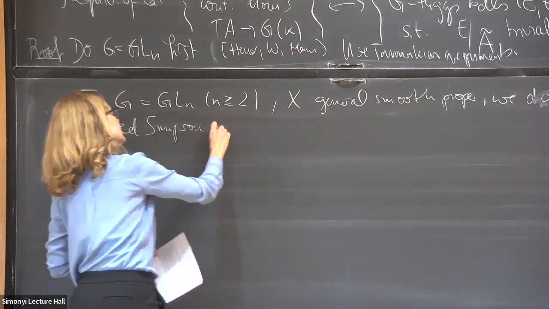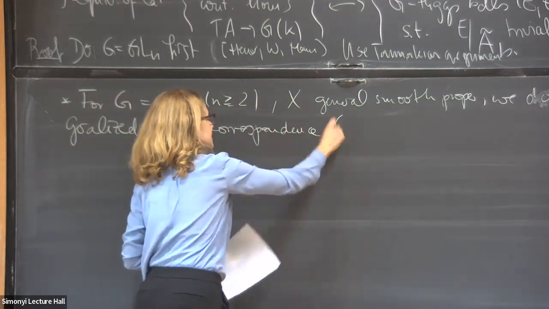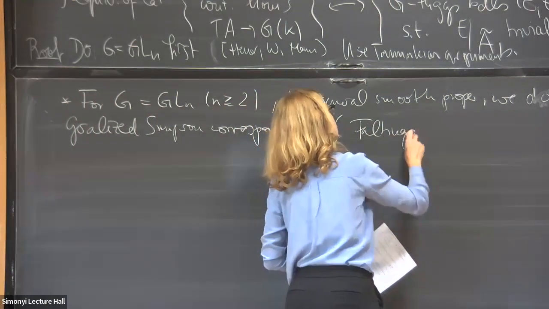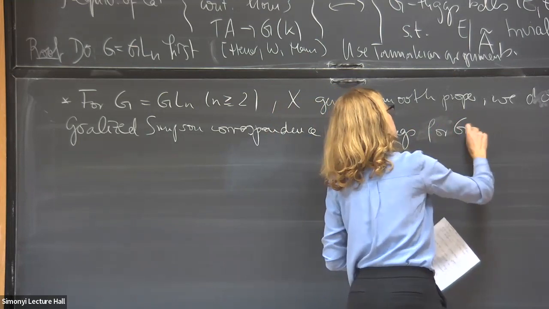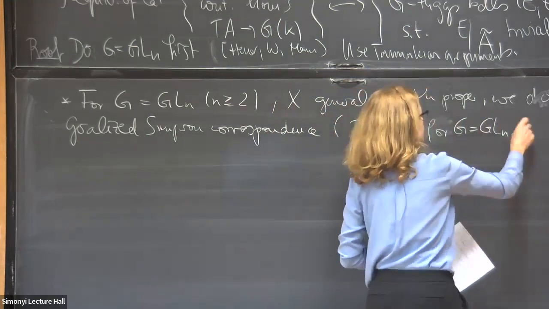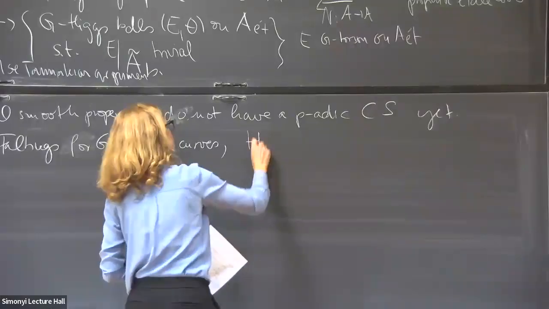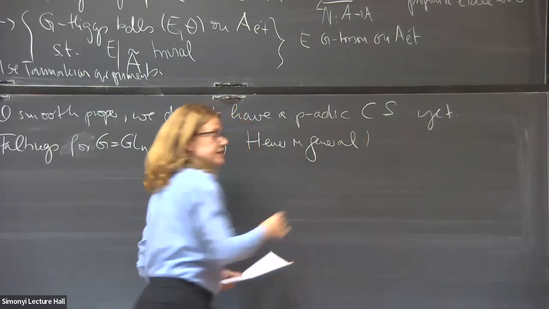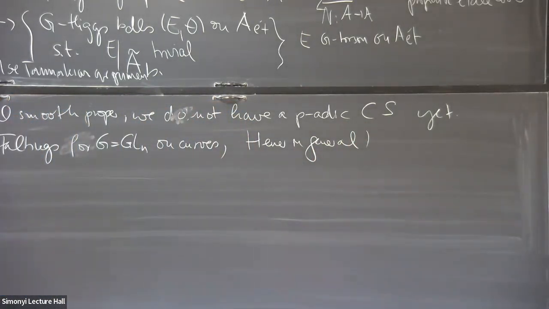This was established first by Faltings for G equal to GL_n, vector bundles, which is the most difficult case, on curves, and by Heuer in general, and also in this rigid analytic situation without any assumption about toroidal models and so on.